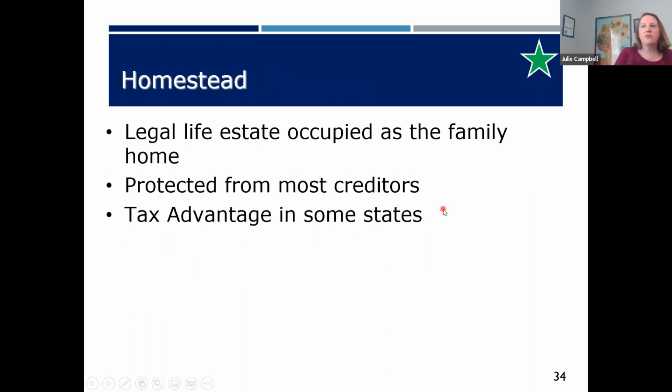Over on page 34, we're just going to mention this briefly. There may be something called a homestead. This is just a legal life estate that's occupied as the family home. Homesteads are protected from most creditors. Certain creditors or debts on the property, they may be protected. Some states have tax advantages.